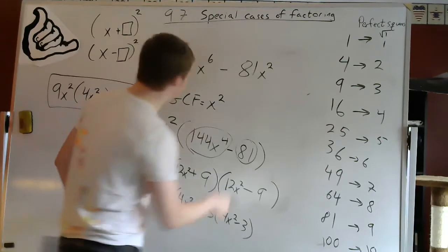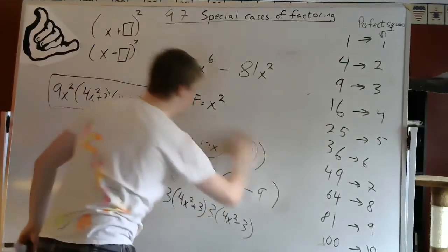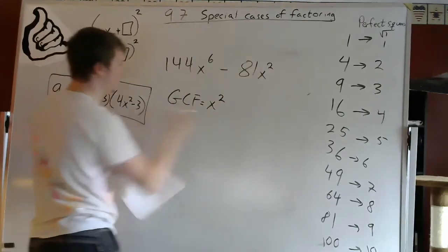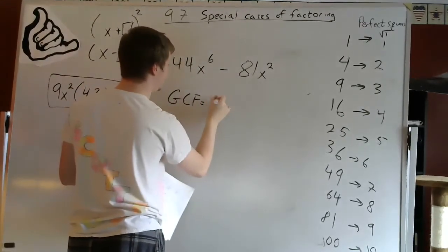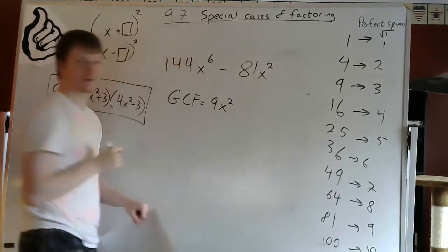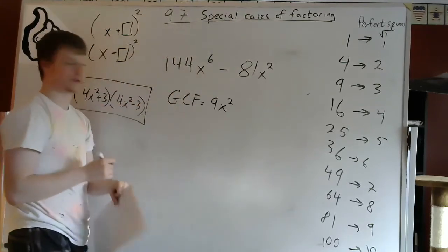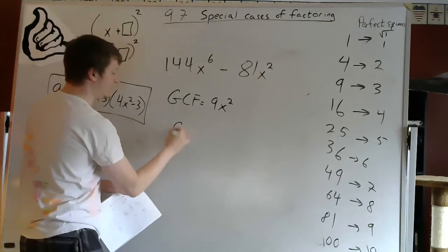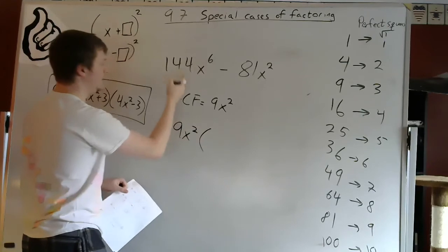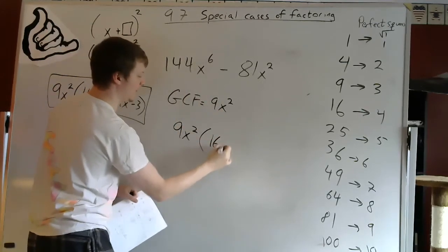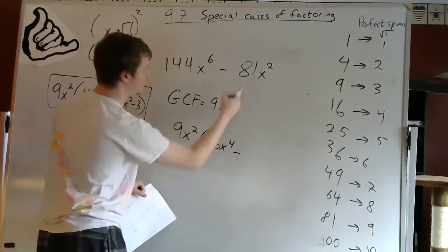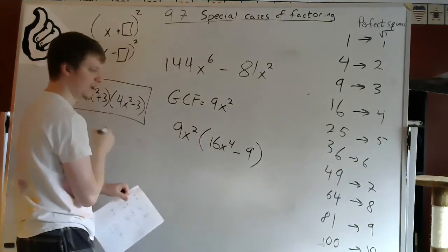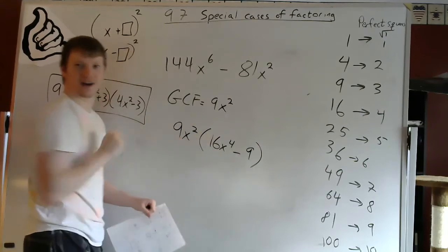So, 9x squared. That was our GCF. Maybe you recognized that between these two; I didn't right off the bat. It's the morning. So we take the 9x squared out, which leaves behind 16x to the 4th minus 9. Both are still perfect squares.